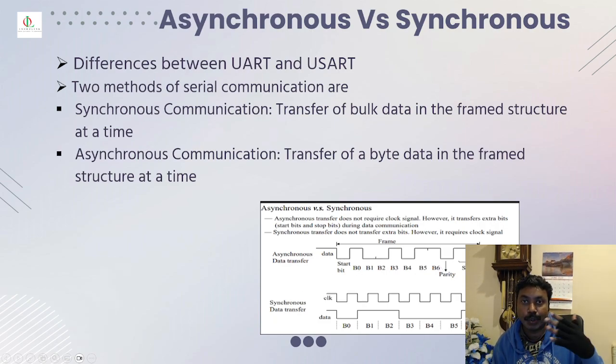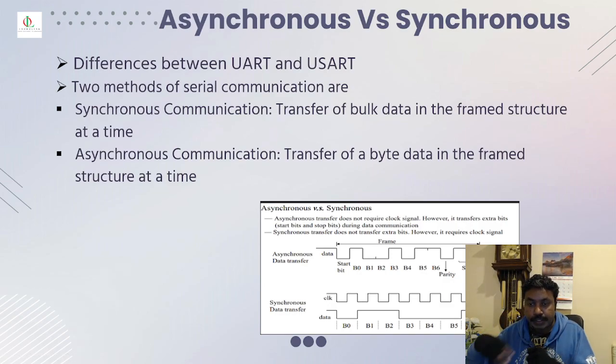That adds more to the memory allocation during data communication. Whereas in synchronous mode, you don't need these extra bits, start bit and stop bit. Instead, your data will be synced with the clock signal, therefore the clock signal is required. So this is the basic timing diagram, and eventually you will learn in the projects how this is all transferred.